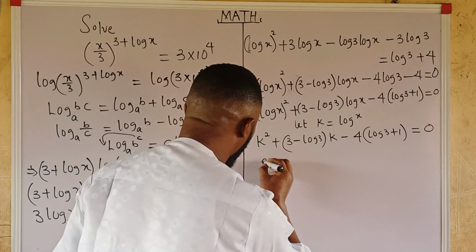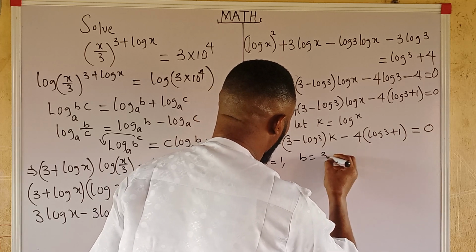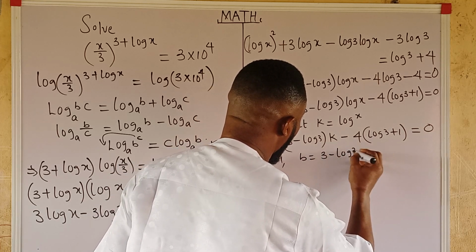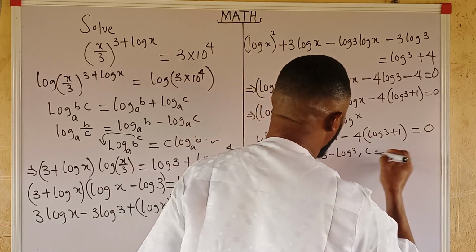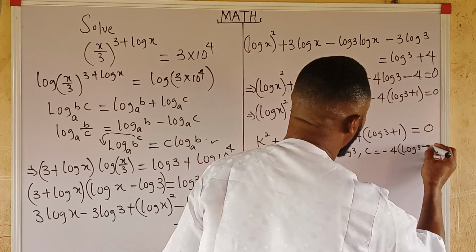So here our a is equal to 1, our b is equal to 3 minus log 3, then our c equal to negative 4 into log 3 plus 1.